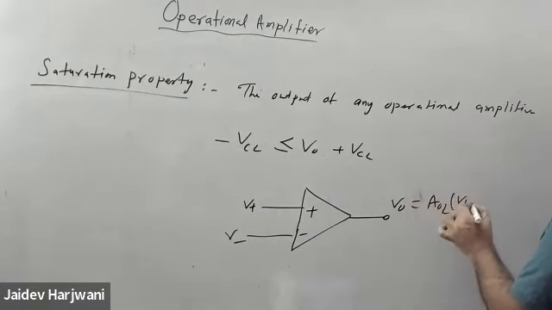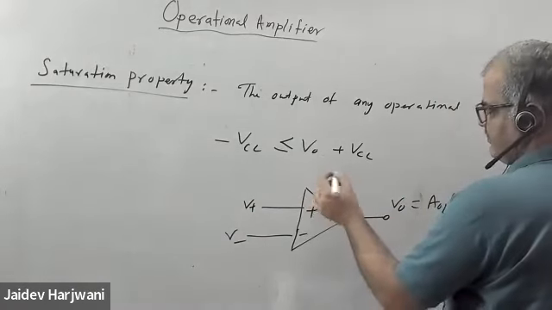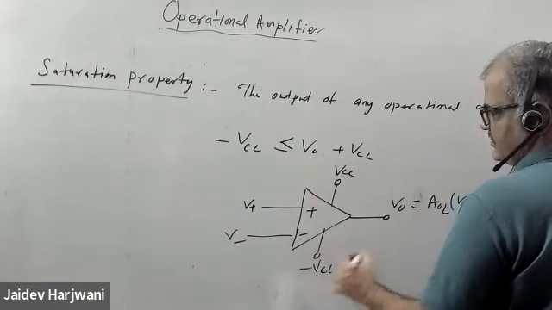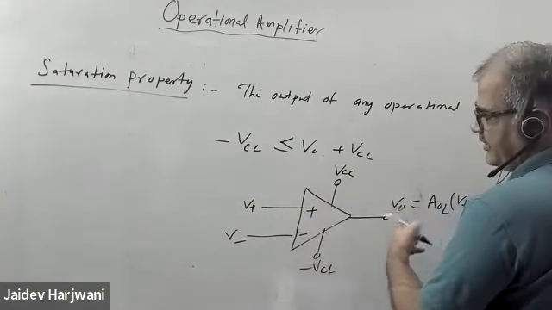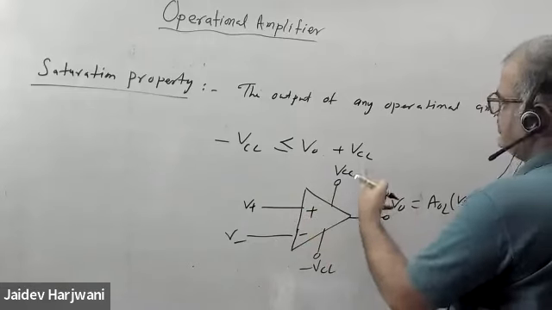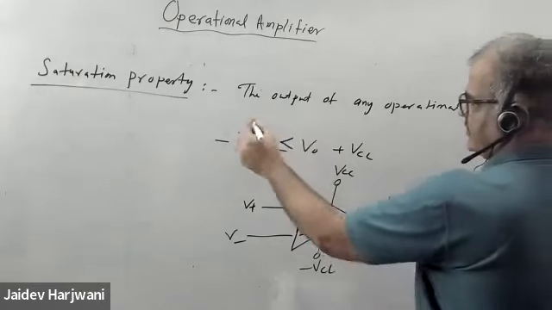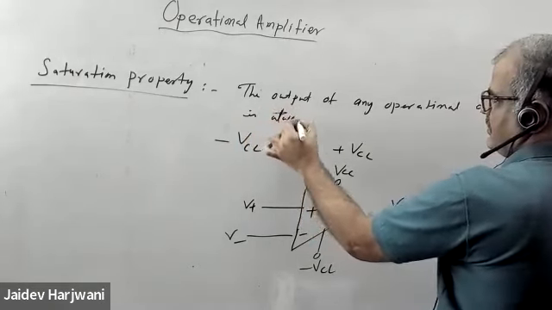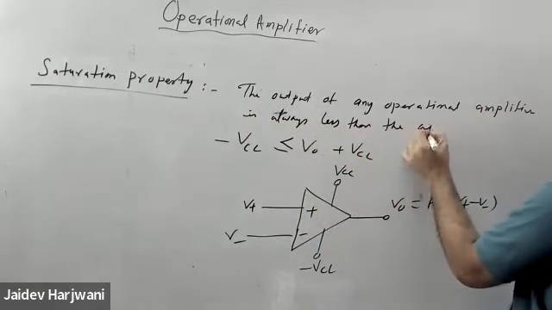These are your power supplies, the biasing voltages plus VCC and minus VCC. So even though the gain is infinite, the output cannot be greater than this. The output of the operational amplifier is always less than the applied biasing.